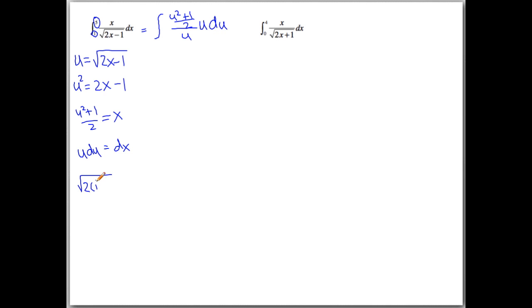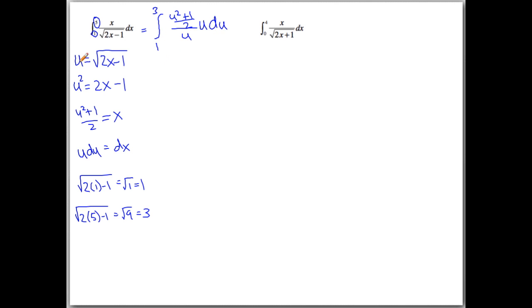So 2 times 1 minus 1. And so that's the square root of 1, which is 1. And then if we plug in 5, we'll get 2 times 5 minus 1, which equals the square root of 9, which is 3. So now we're going to evaluate this from 1 to 3.